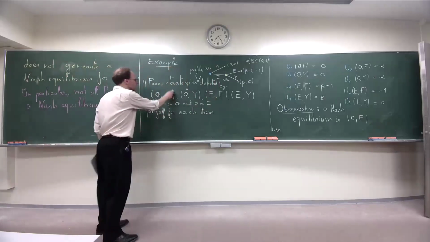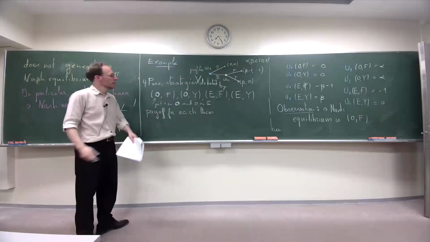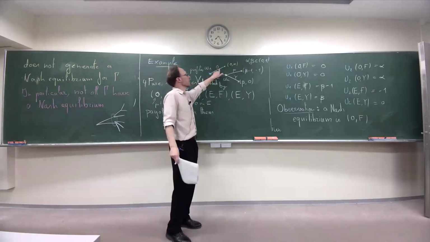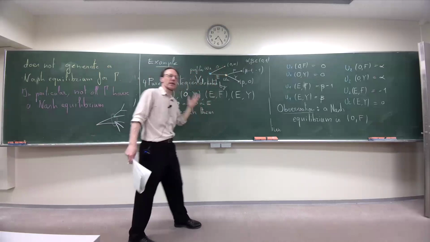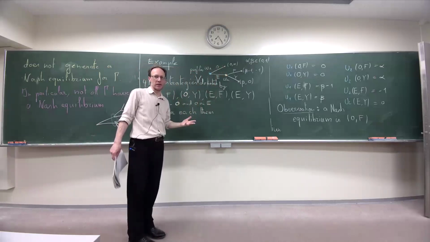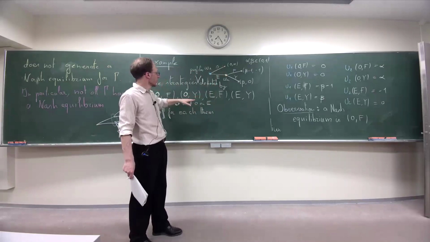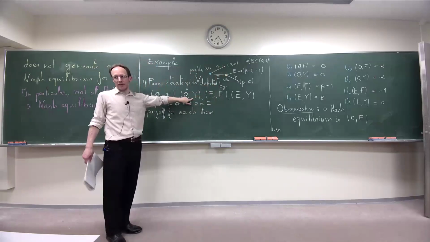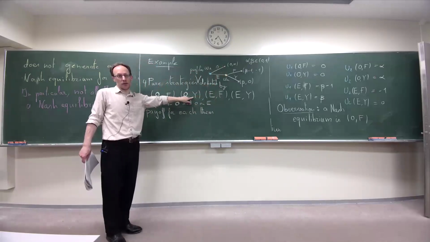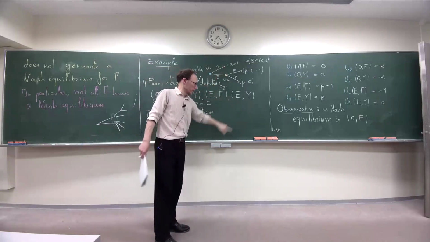Because I need to define always for the first player and the second player, but if the first player played O, the game is over, right? So this definition again doesn't see the dynamics. And the same, this one also is meaningless from the point of view of the game. These two are still meaningful.